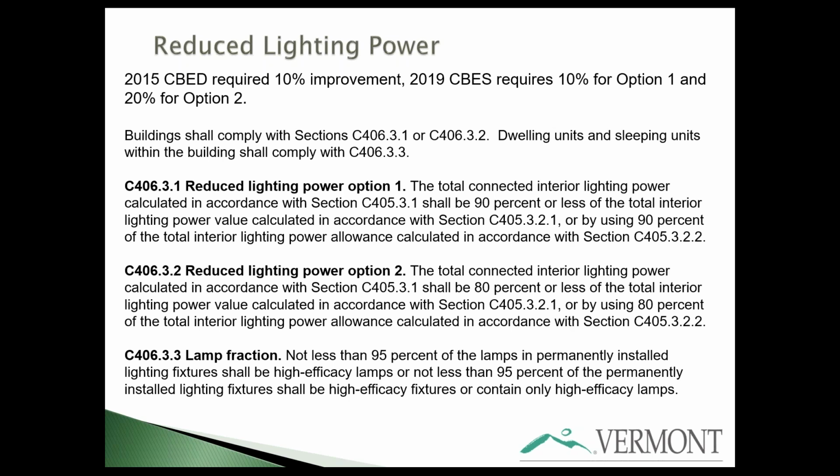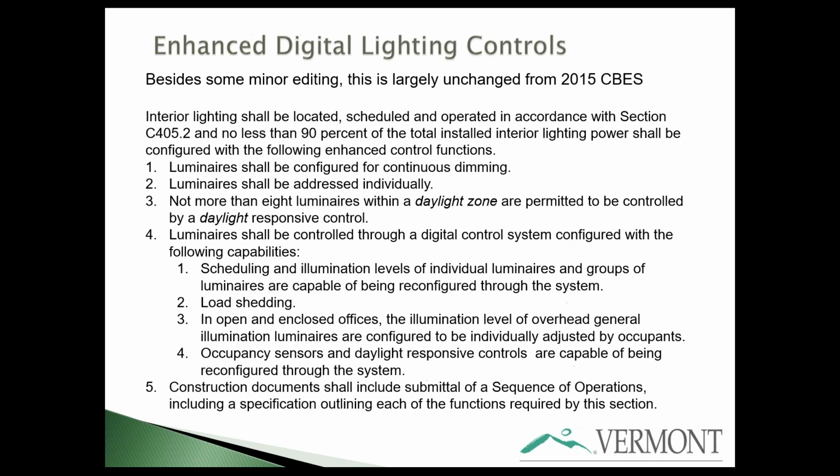Here, now you have to bring that up to 95%. And then you have the option 1 or 2 for the rest of the building, outside of the dwelling and sleeping units. You have to bring the lighting power density 10 or 20% better than what was required by code to get additional points.